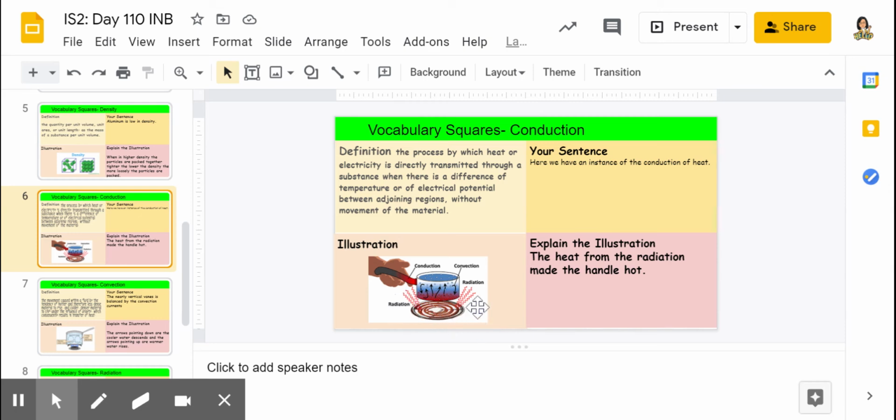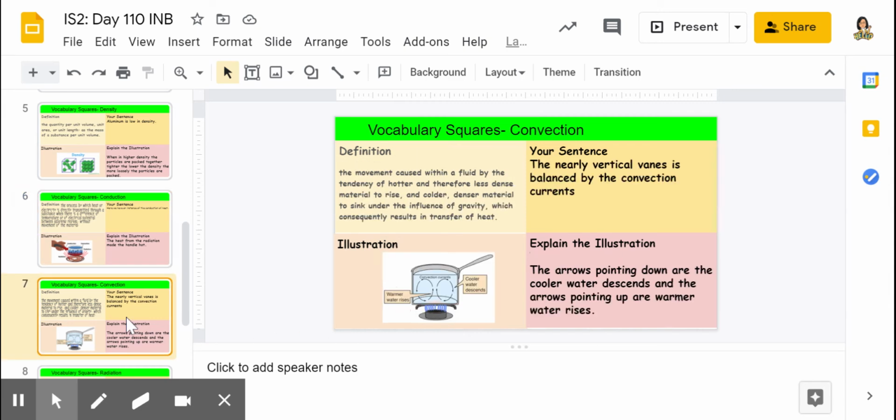So as you can see, if you heat a pot right here and the source of heat is the stove, then you can see that there is transfer of heat through the pot and through the handle, which the hands can feel. Right here, the heat from the radiation made the handle hot, but this one should have been the heat due to the conduction process made the handle hot.